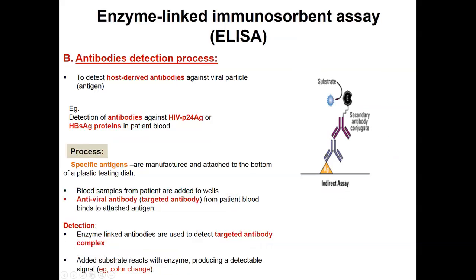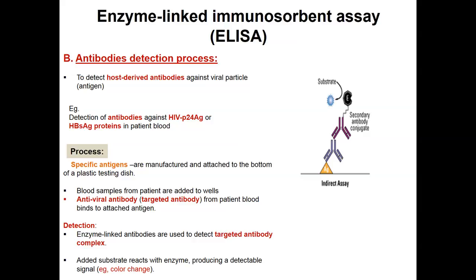Now the next process, you want to detect the antibody in the patient sample against the antigen, okay? So what do you capture in the wells at that point? Do you engineer the antibody or the antigen and capture inside your wells? Antigen.